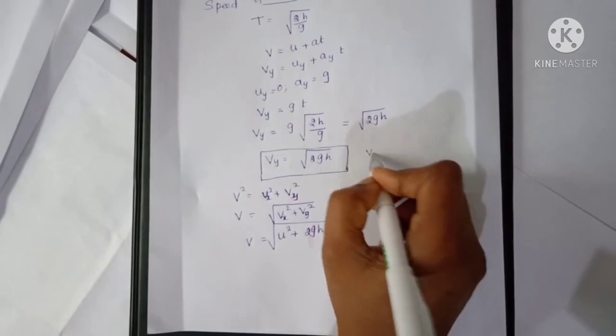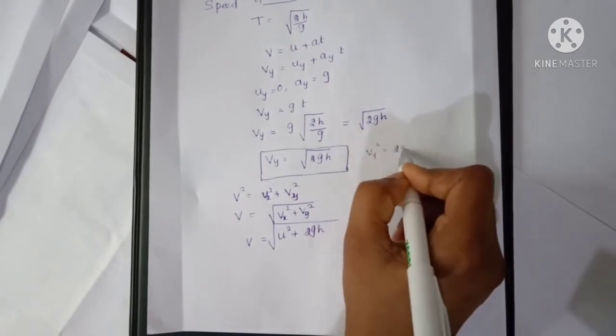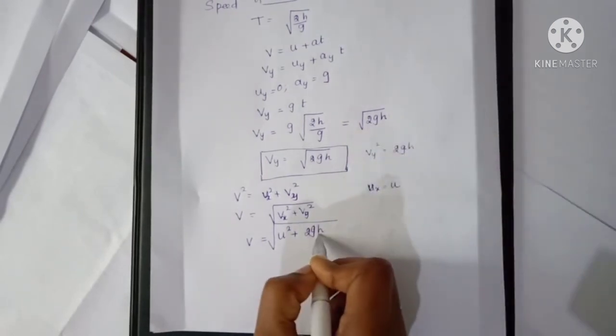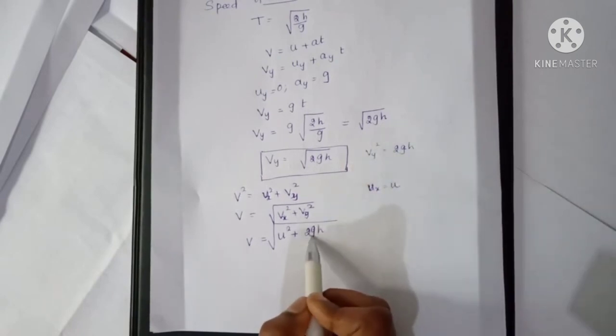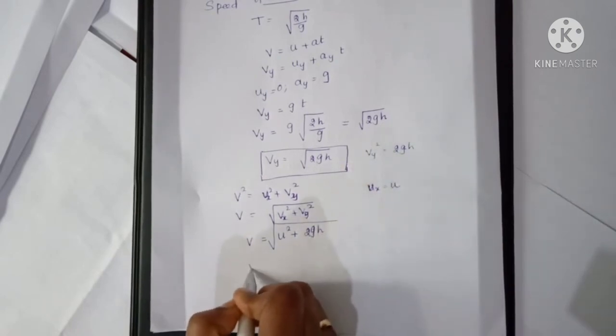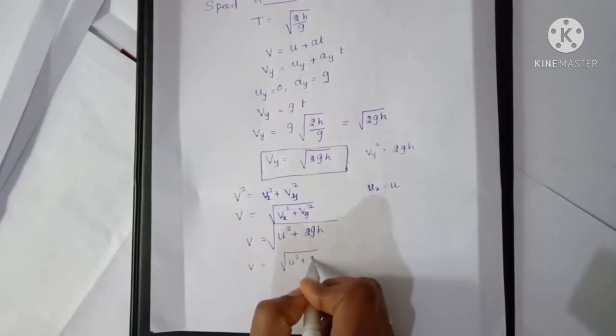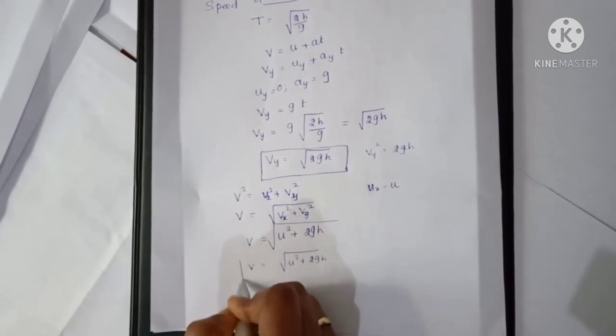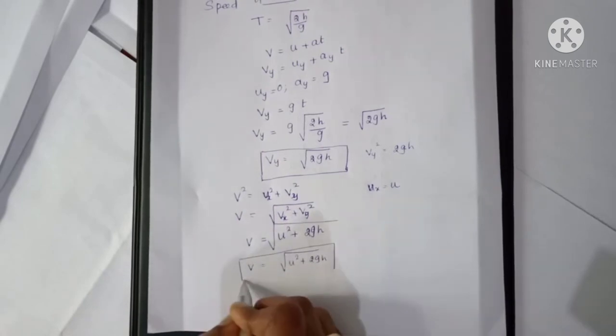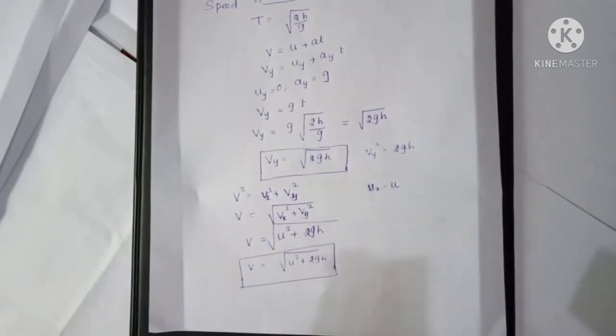From this vy square is equal to 2gh, so you put this value here. From this we can find v is equal to square root of u square plus 2gh. This is the speed of the particle when it hits the ground.